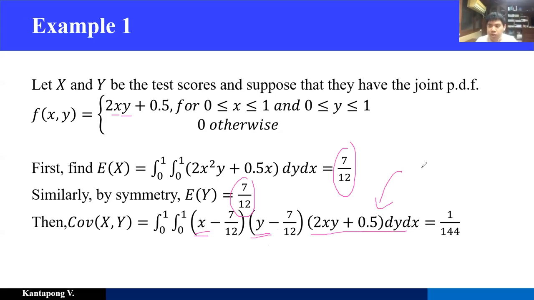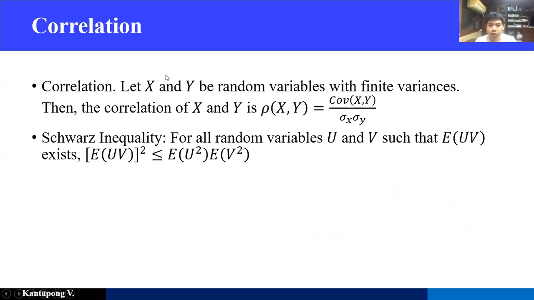Here we use the LOTUS again, and we get 1/144, which is positive. The correlation is very similar to the covariance, but we need to divide by these two numbers multiplied together.